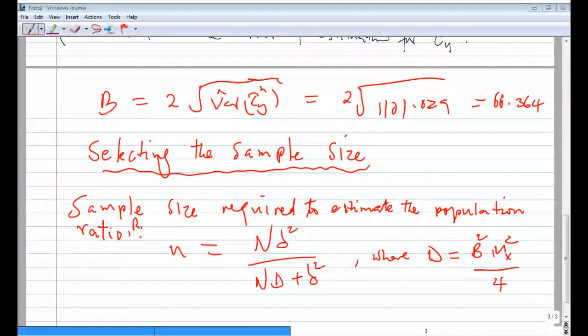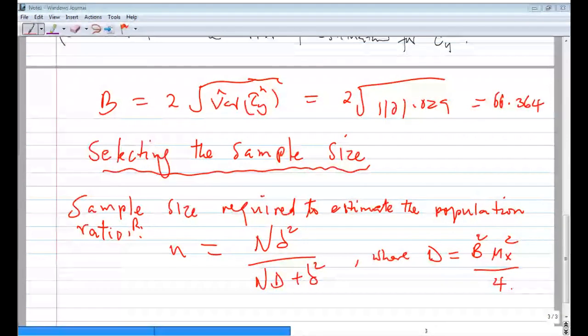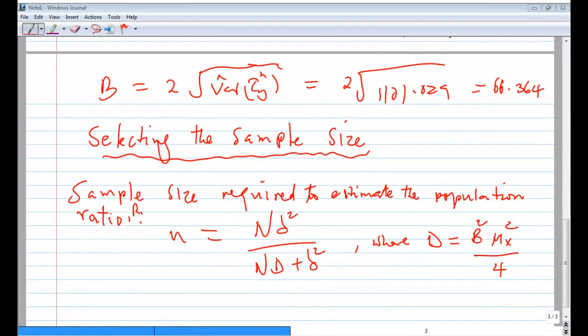D is equal to B squared times mu x squared divided by 4, where mu x is what? Is the population mean of weight of an orange, or is the population mean of weight for an apple? That is mu x.